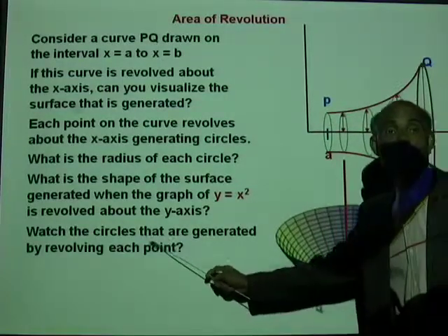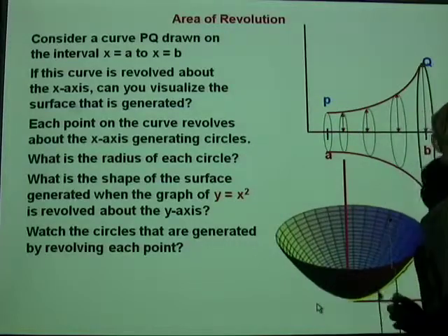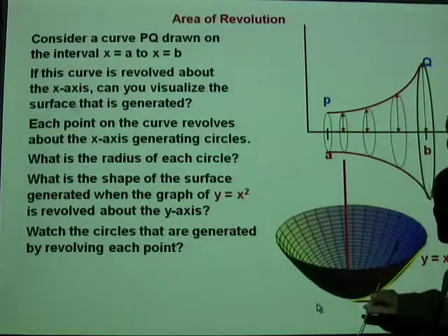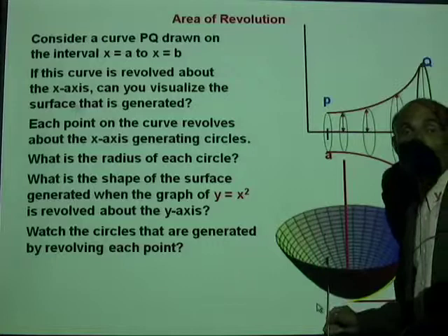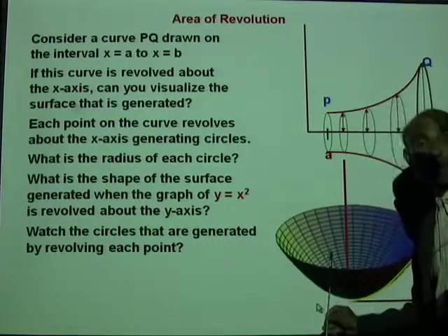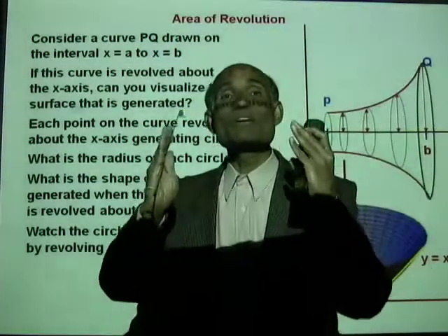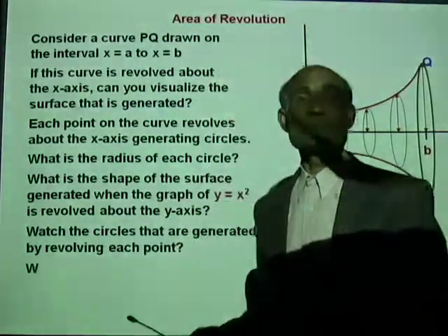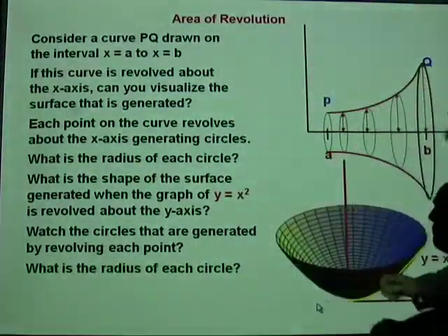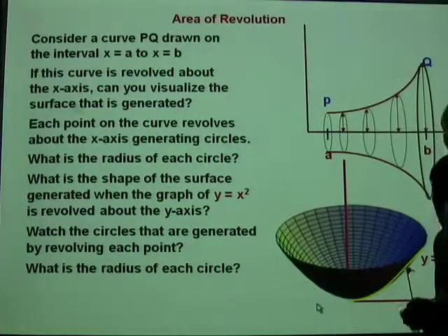Now watch the circles that are generated by revolving each point. Here, only some circles are shown. There are actually an infinite number of circles that will generate this beautiful surface. Okay, now what is the radius of each circle?